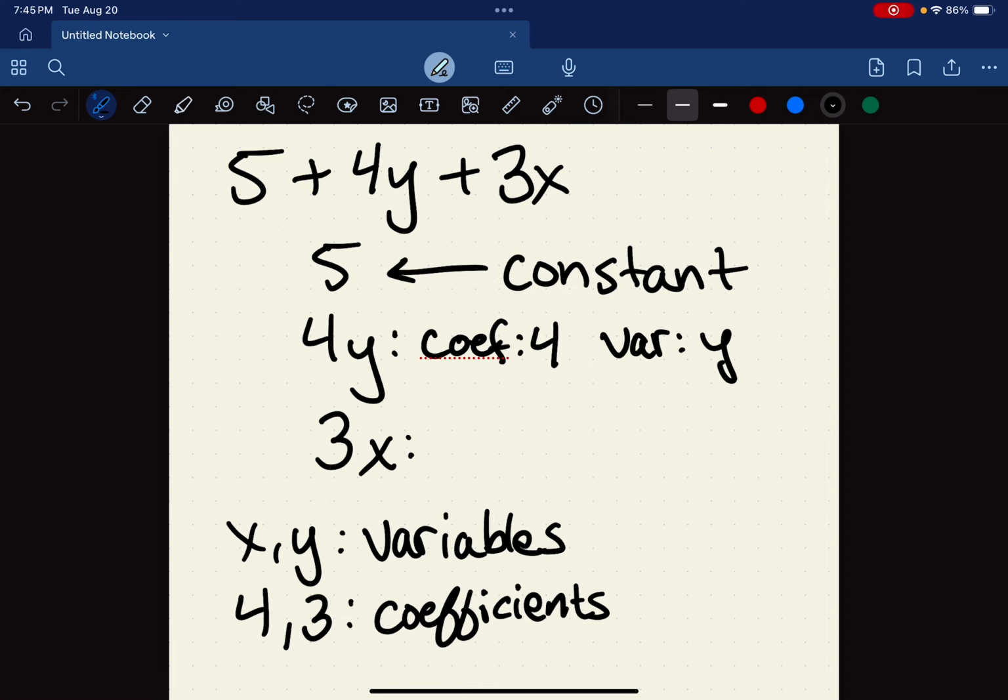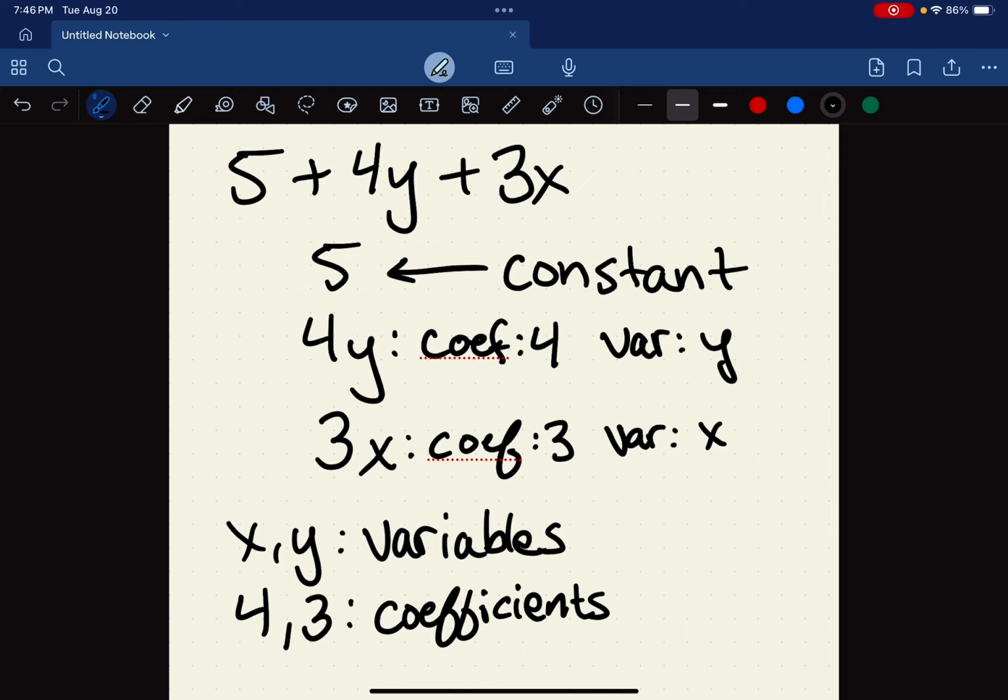And then in the 3x term, the coefficient is 3, and the variable is x. So overall, the constant term is 5. We have the 4y term, which has a coefficient of 4 and variable of y, and then we have the 3x term, which has a coefficient of 3 and the variable of x. The entire thing, 5 plus 4y plus 3x, is called the algebraic expression.